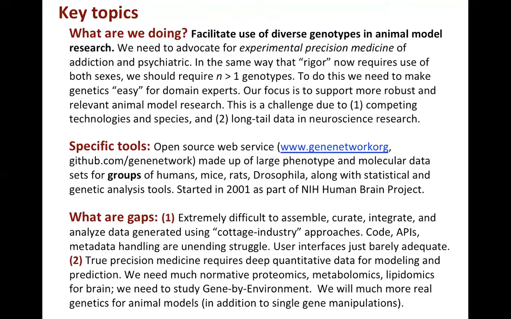You could make fun of that and call it cottage industry kind of neuroscience, and in some ways it is. It's really cool stuff. It's great to have control over questions and answers and research programs yourself, but it makes it much more challenging to integrate the data. And so that's referred to as the long tail of neuroscience data. And we're trying to capture more of that long tail data.